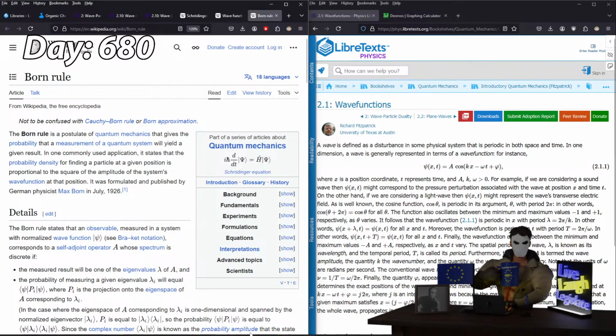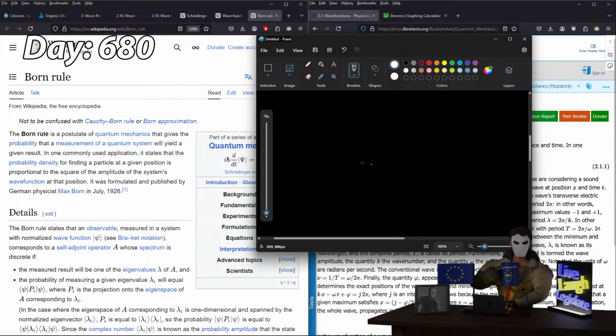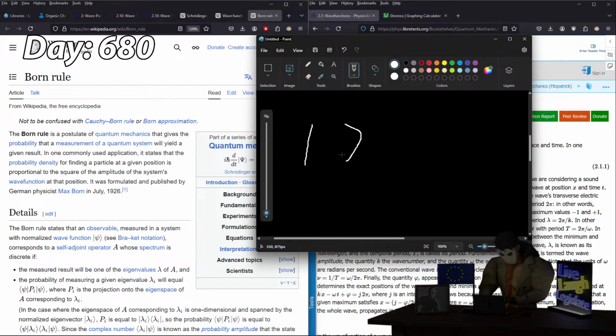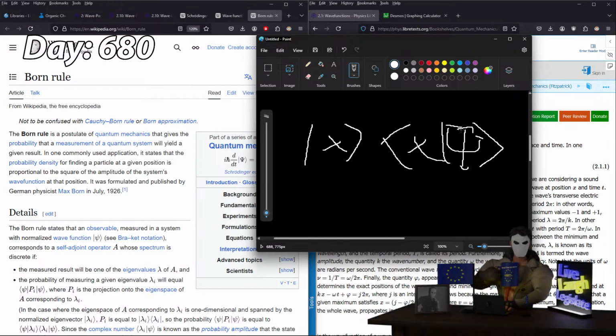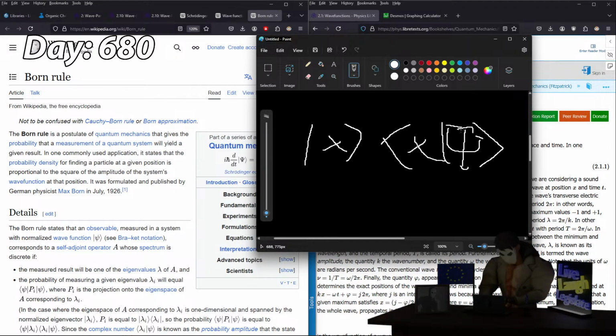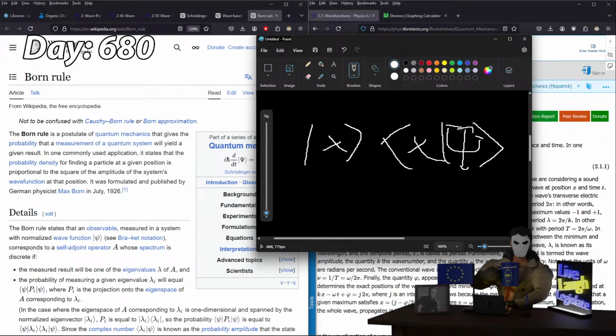Okay, hold on. I think I kind of get it, but I would still rather just do it here. The wave function can be written as the sum over x of this. These serve as probability when modulus squared.